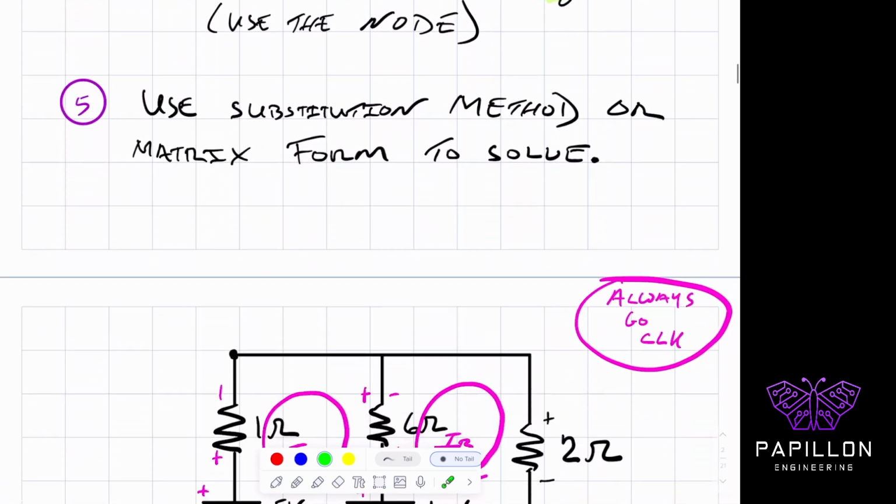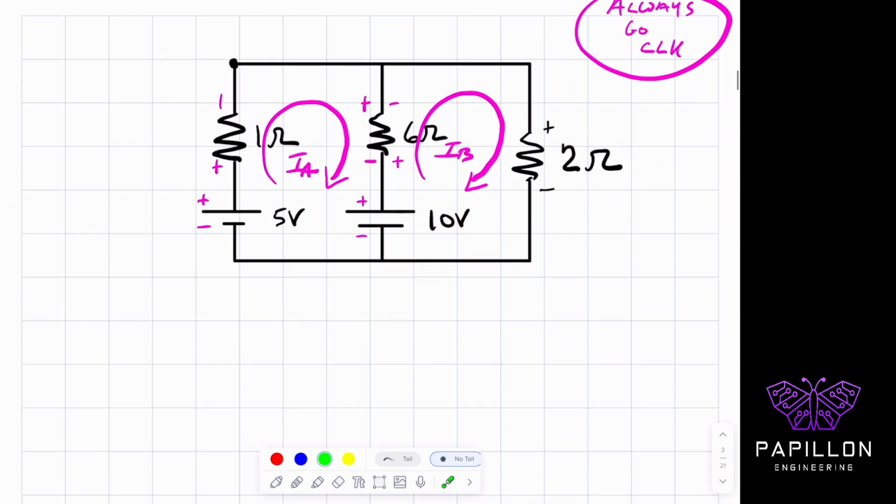If you've forgotten what KVL is, Kirchhoff's voltage law, the idea behind it is that the sum of the voltages equals 0, which is just a fancy way of saying that if I sum up all of my voltages, I have 2 different things going on.